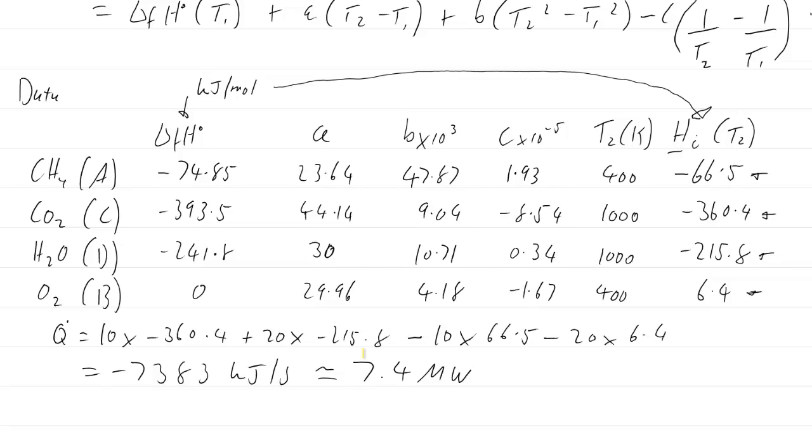So I'm pretty happy after checking that these enthalpies have changed in the correct way compared to the heats of formation, seeing that this is negative and seeing that this is several megawatts. Then I'm pretty happy that what I've got here is a reasonable solution.